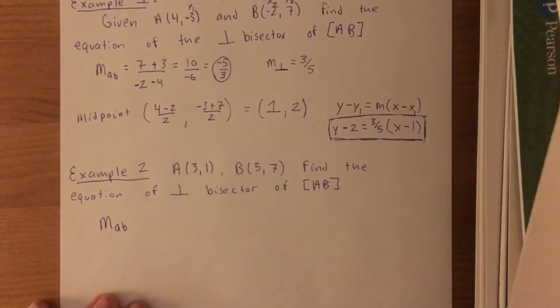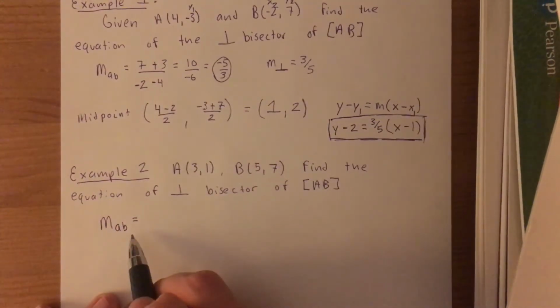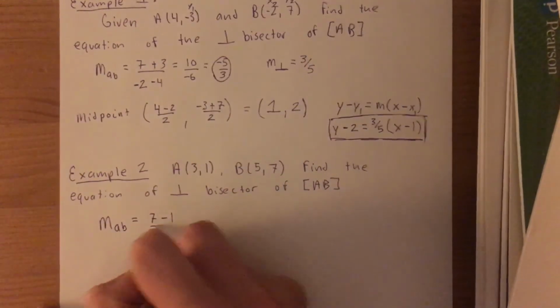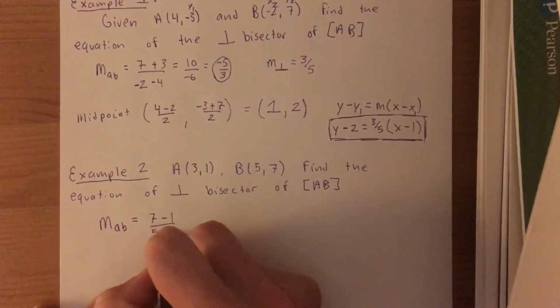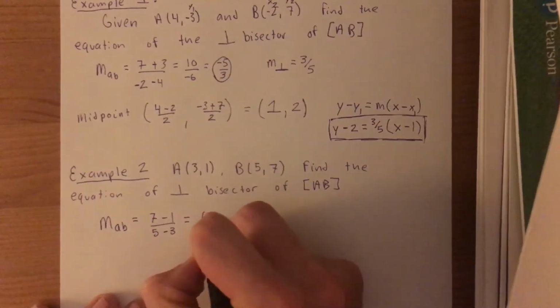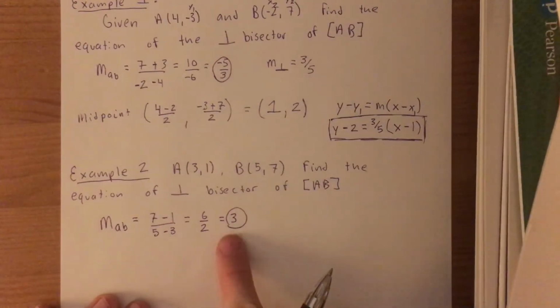So again, we're going to find the slope of AB, same type of thing here. So y2 is 7, minus 1, over 5 minus 3. That's the equivalent of 6 divided by 2, which is going to give us a slope of 3.